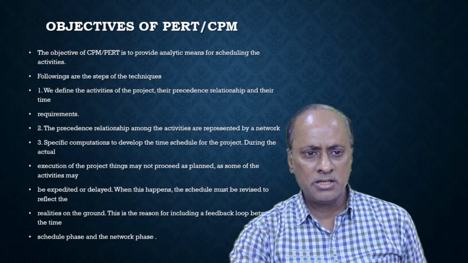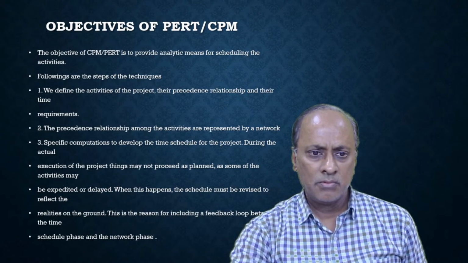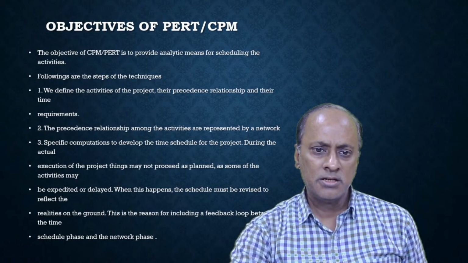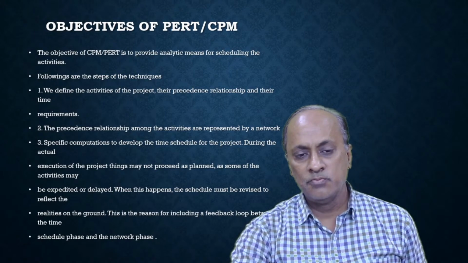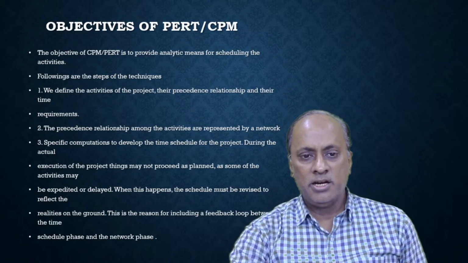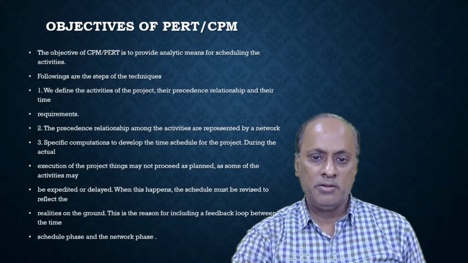I have given 3 steps. First, we define the activities of the job. We have to define what the activities of the project are. As I told you in the beginning of my lecture, for arranging a tea party, we first define what activities are needed for arranging a tea party.